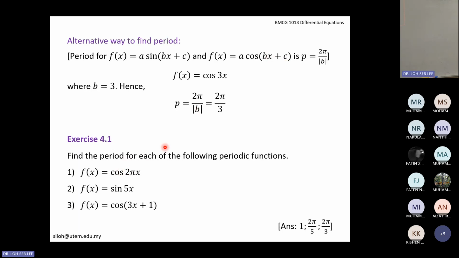You compare this one with this one. What is the b? B is 2 pi. So the period will be 2 pi over 2 pi, then you get 1.